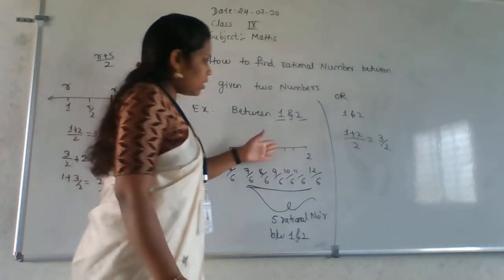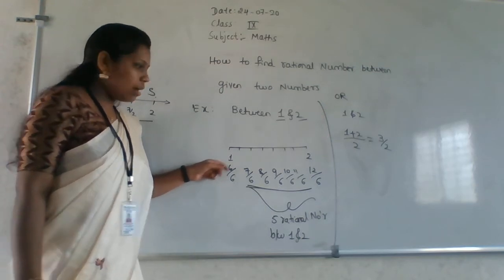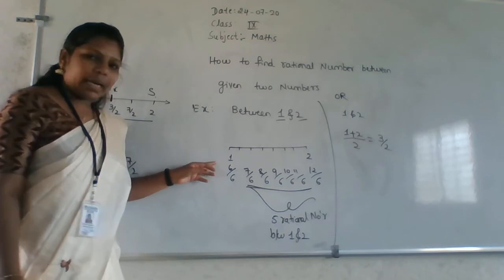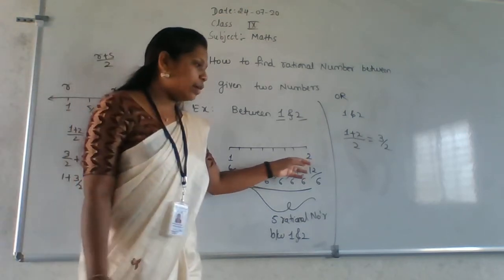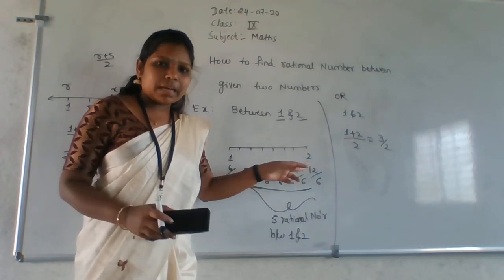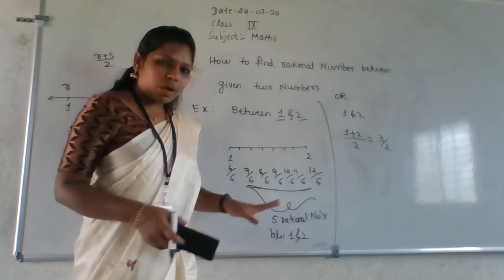Otherwise, this is the method. Multiply 1 by some rational number and 2 by the same rational number. I am multiplying by 6 by 6, and here I multiply by 6 by 6 only. If you want to multiply by 8 by 8, then multiply. Okay, it is also correct.